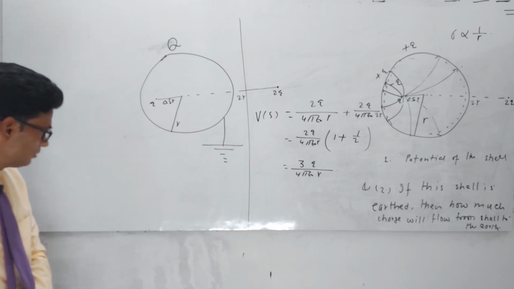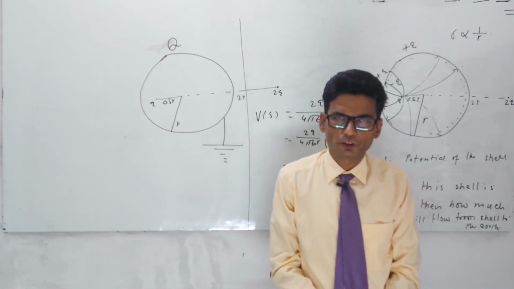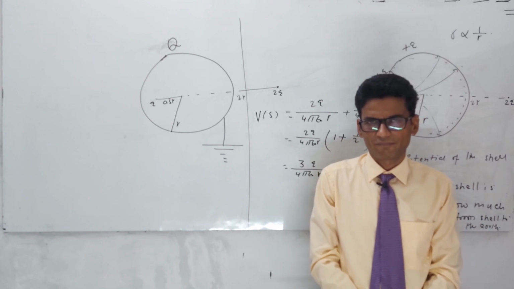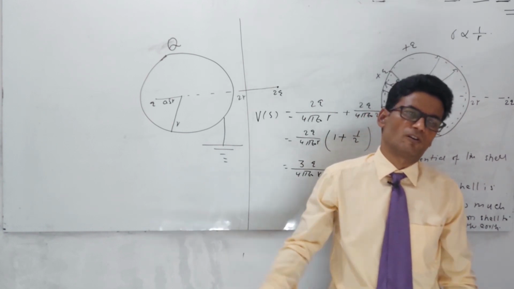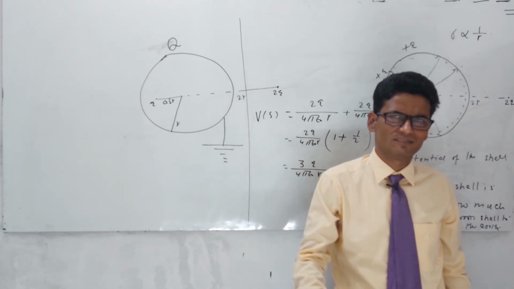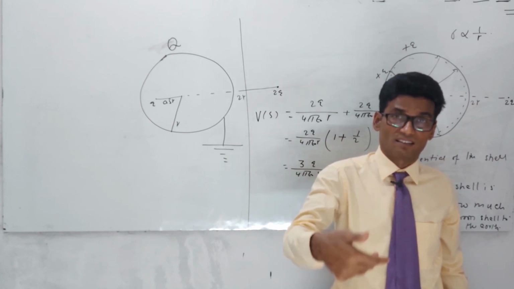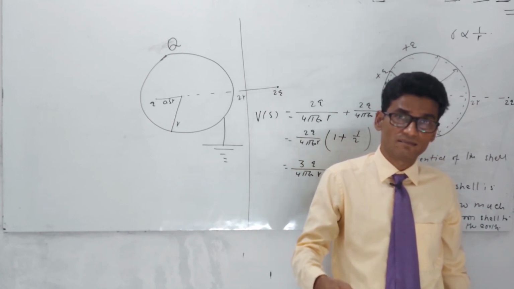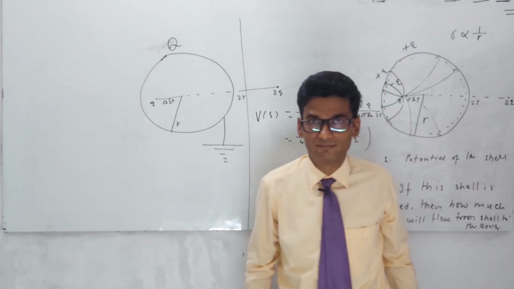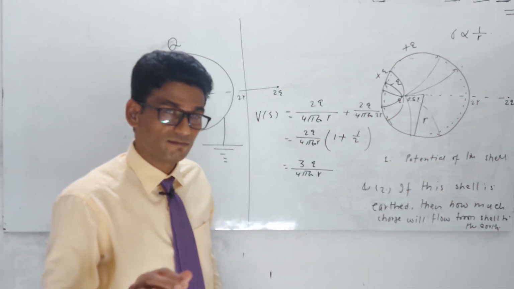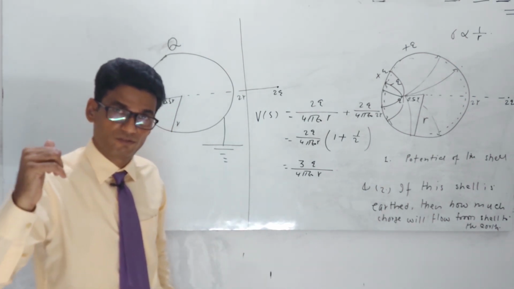But we all know after earthing, shell potential reduces to 0, or you may call in other words, potential of the shell is equal to potential of the earth, and earth's potential is assumed to be 0 volt. So after earthing, the shell potential becomes 0.